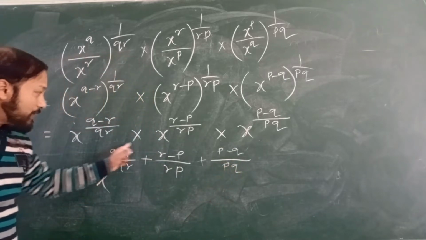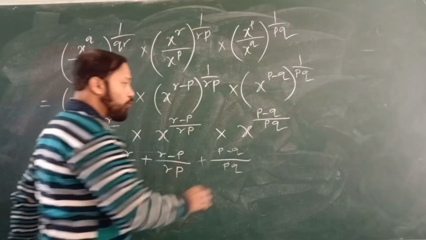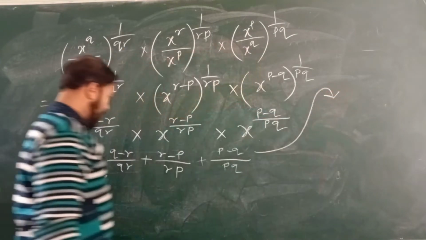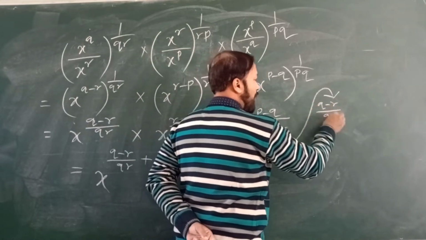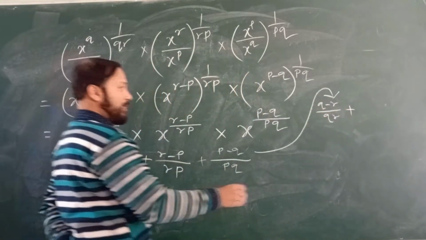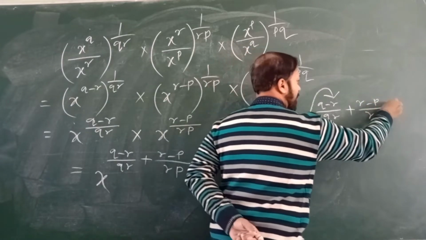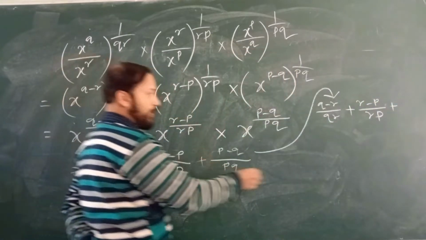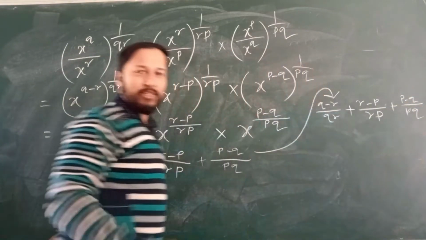Now let us find the value of this power. Only the power. So what I am writing here is (q minus r) by qr plus (r minus p) by rp plus (p minus q) by pq.